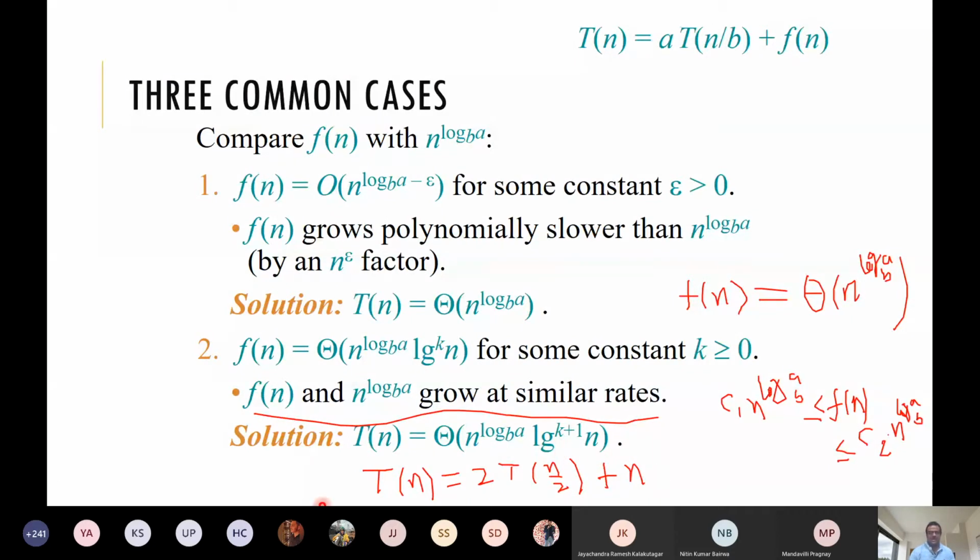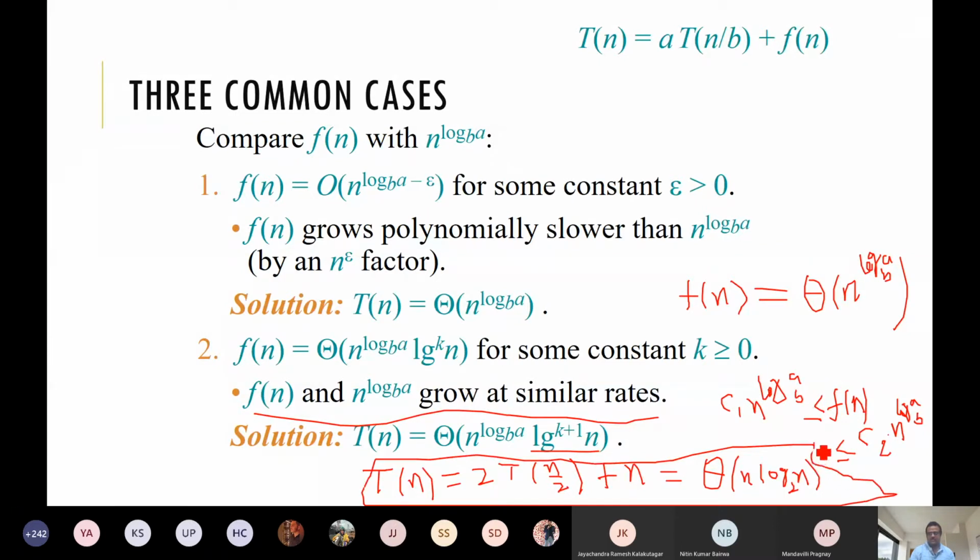So that is the master method, the solution for merge sort. n to the power log a base b is n, and then with k equal to 0 we have log n, and this log is base 2.